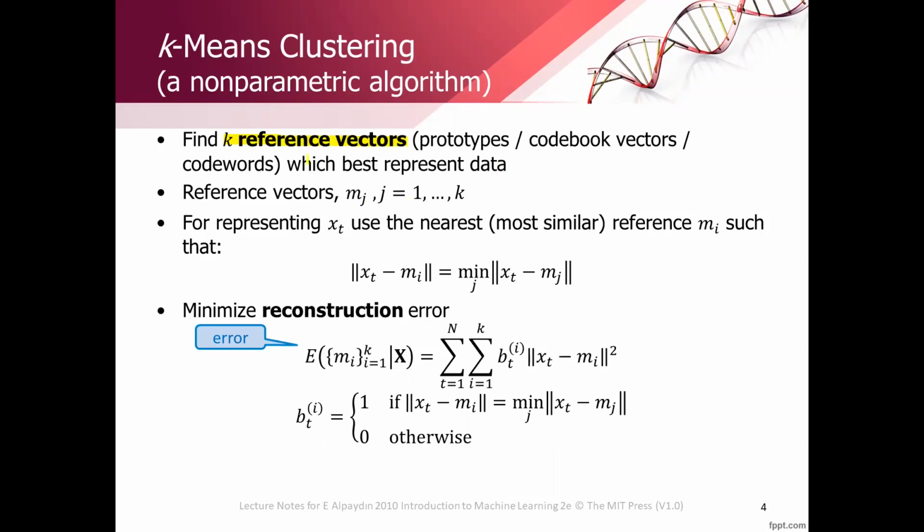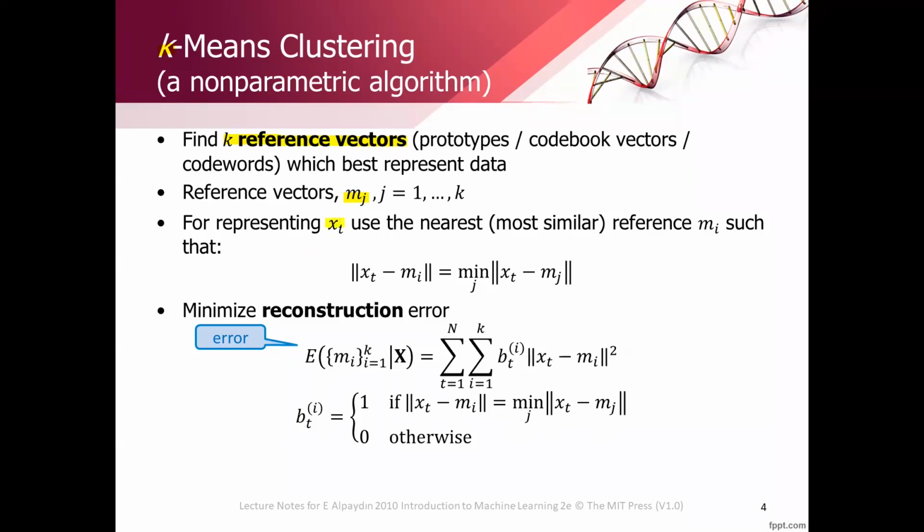As the name is k, we would like to find k such vectors, m sub 1 till m sub k, and each such vector will represent the observations which are closest to the reference vector.